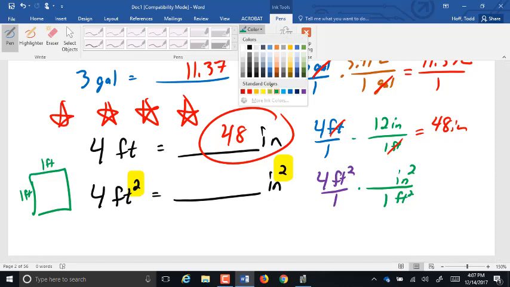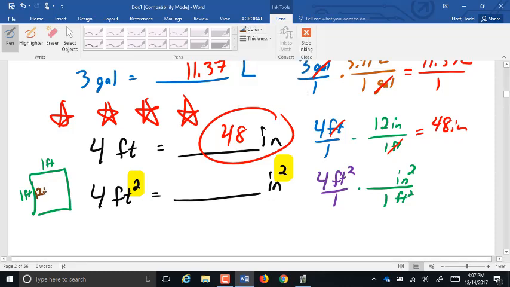So that'll be 12 inches by 12 inches. 12 times 12 is 144 square inches. So the square feet cancel out. 4 times 144 is 576 inches squared.